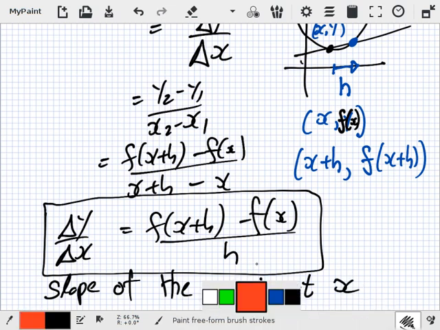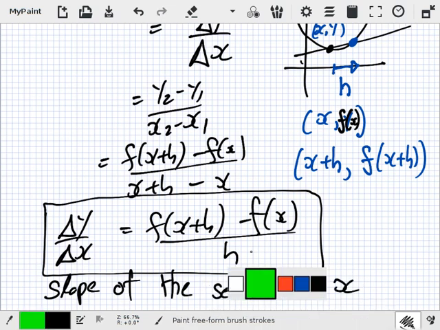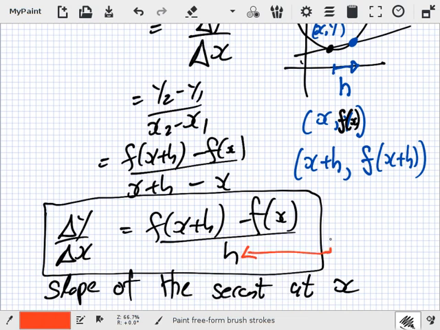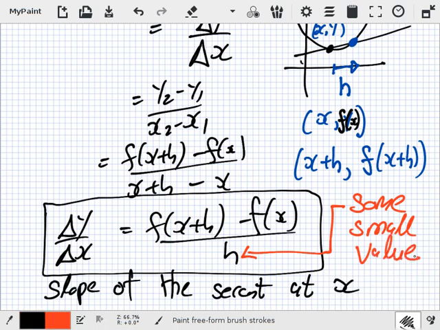The only requirement for this formula is that you have to use some small value for h. The smaller your choice for h, the closer the 2 points are to each other. So for some small value of h, we can get the slope of the secant.